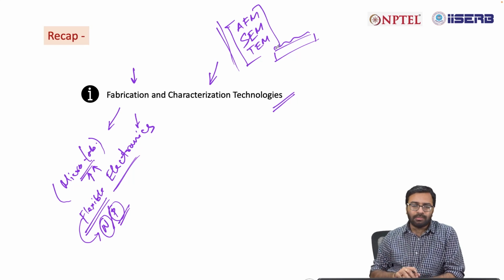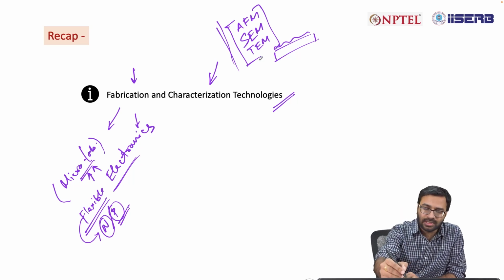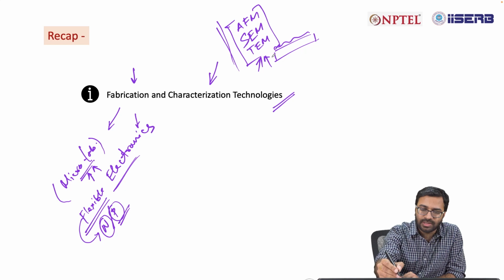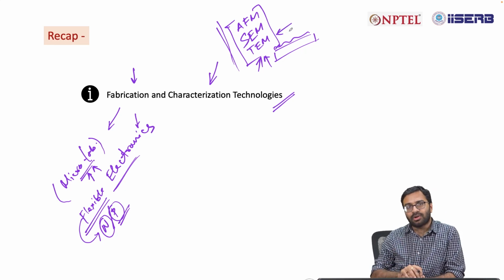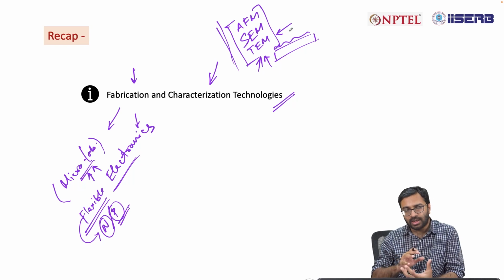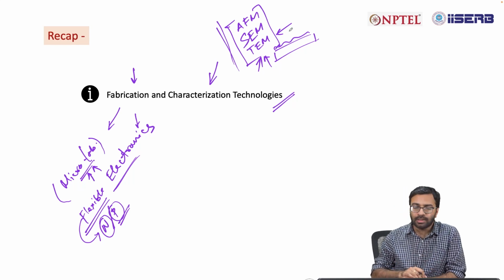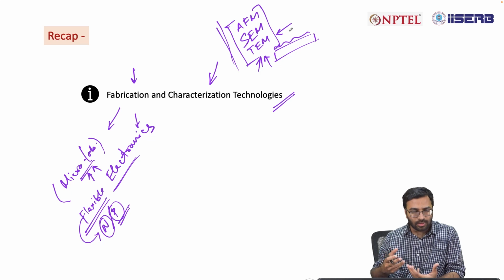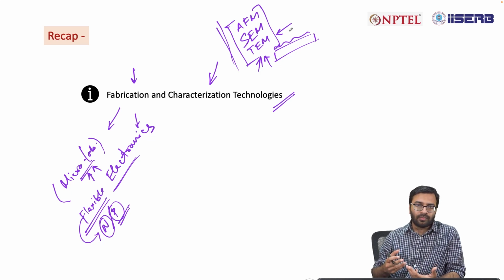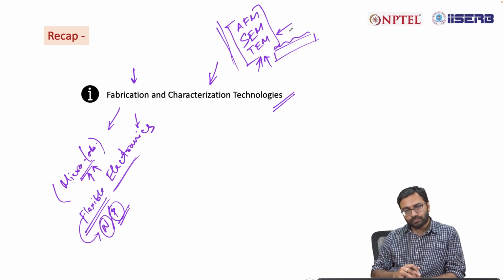Others are also important, but these techniques are kind of high cost facilities, and that's why I have covered these areas in order to give you understanding regarding characterization facilities. But just to point out, there are many other characterization facilities also important for different sensor characterization.